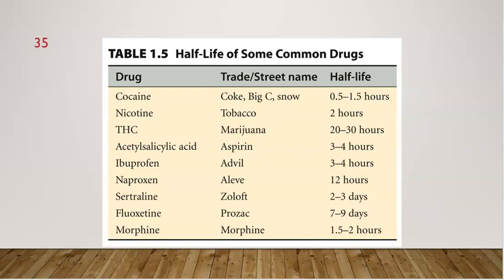So if we take any of these half-lives and multiply it by 6, that's about how long it'll take for the entire amount of the drug to leave your system. So with nicotine, if we take 2 hours times 6, that means it's going to take 12 hours for one cigarette to fully leave our system. Okay?